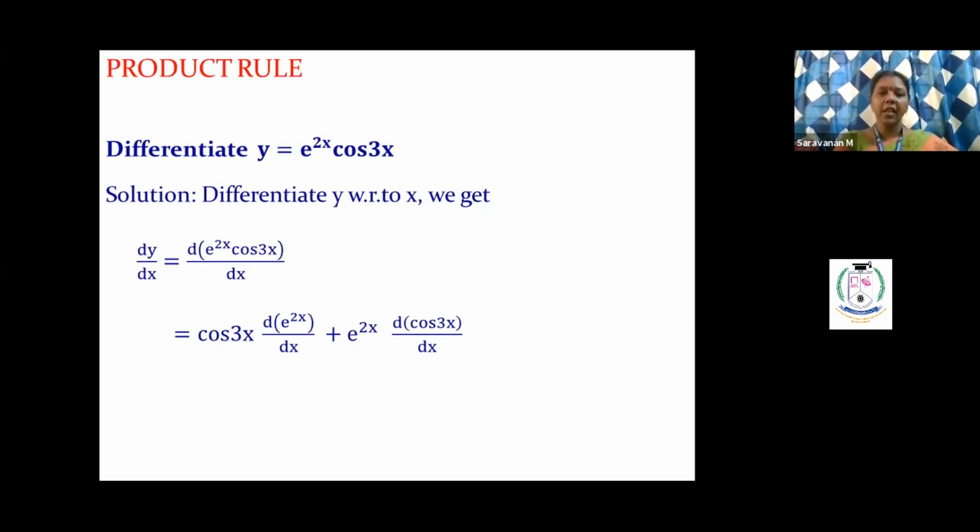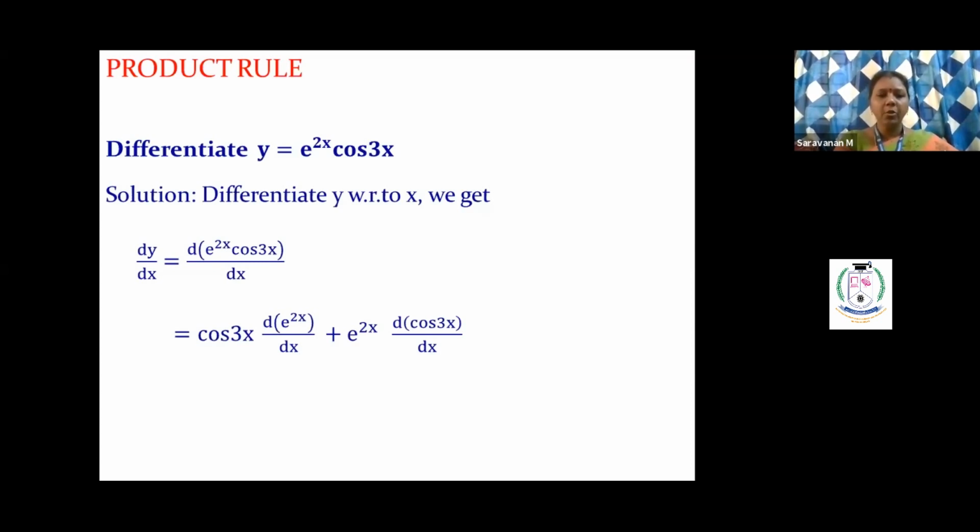That is, if I am saying it as f of x and g of x, we have seen already: f of x into d/dx of g of x plus g of x into d/dx of f of x. Okay. So here we kept cos 3x, g of x, as it is: cos 3x into d/dx of e power 2x plus f of x as it is, e power 2x into d/dx of cos 3x. So what will you get?